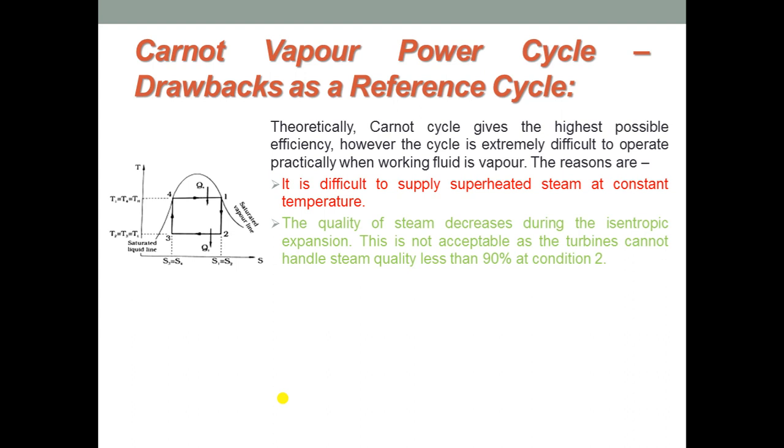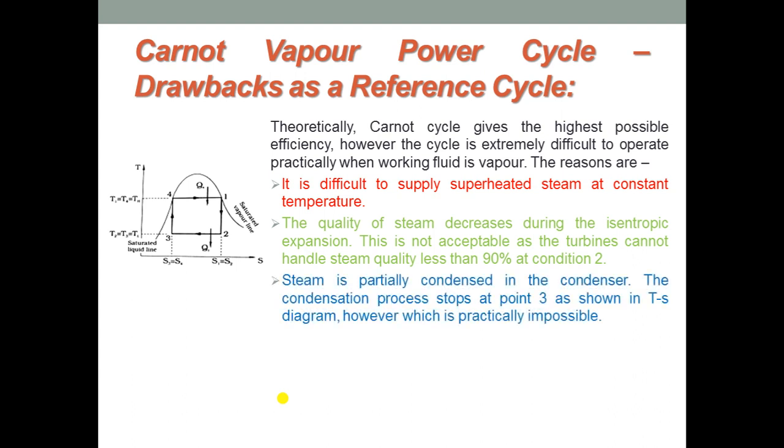The second reason is that the quality of steam decreases during the isentropic expansion, that is, the quality of the steam decreases when it is expanding through a turbine. This is not acceptable as turbines cannot handle steam quality less than 90%, which is at condition 2. Steam is partially condensed in the condenser.